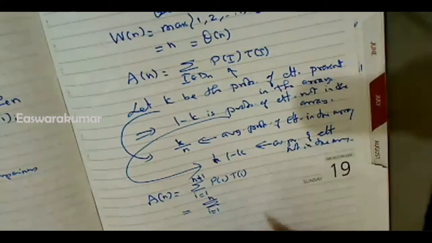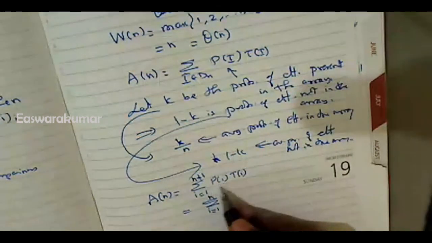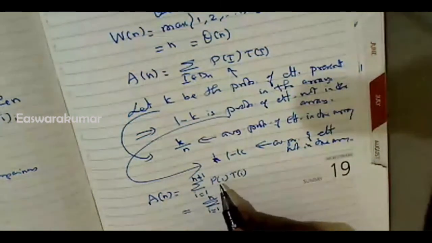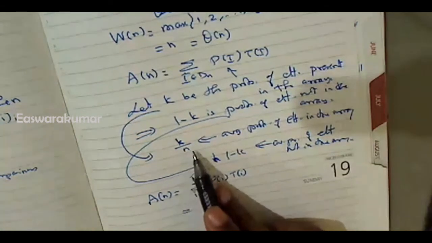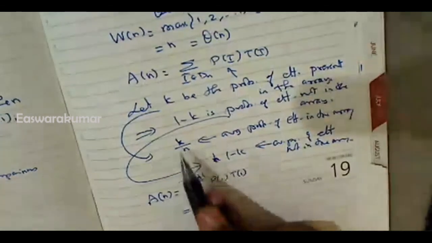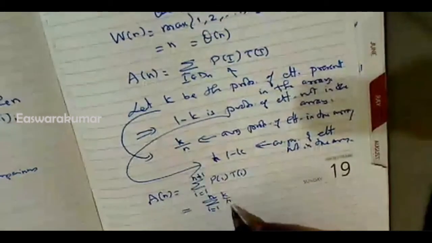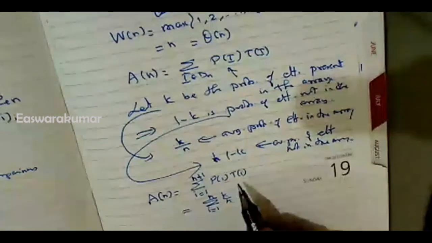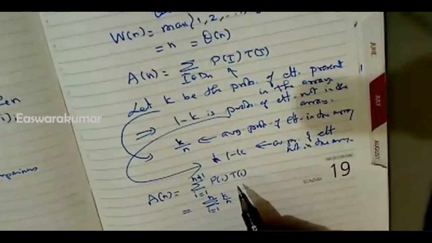There, the average probability of I, what is the average probability of element in the array? K by n. That we already got, right? So we can put K by n. And what is T of I? T of I is the time taken for the instance.